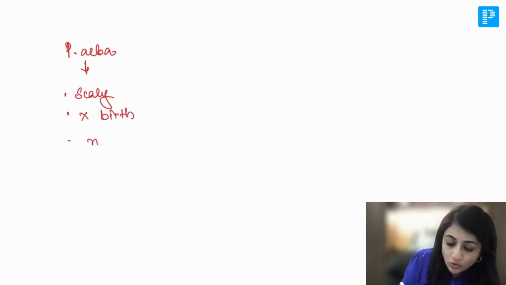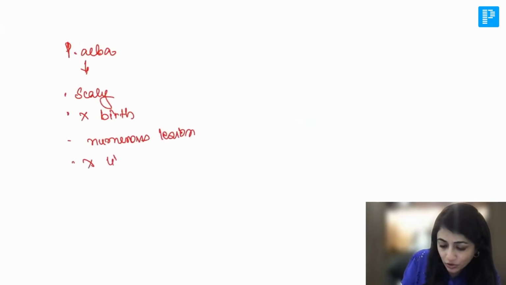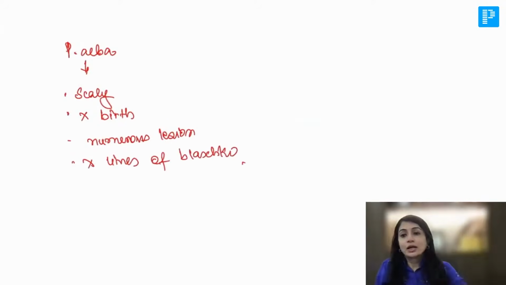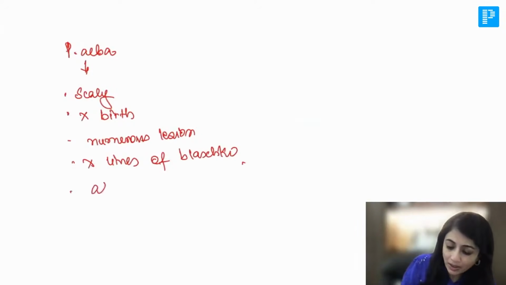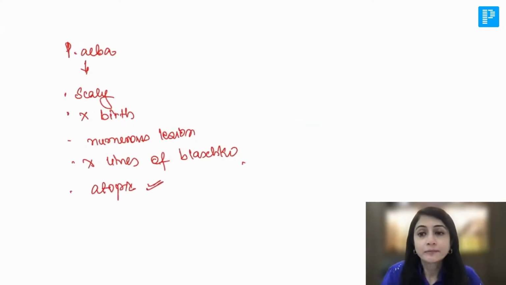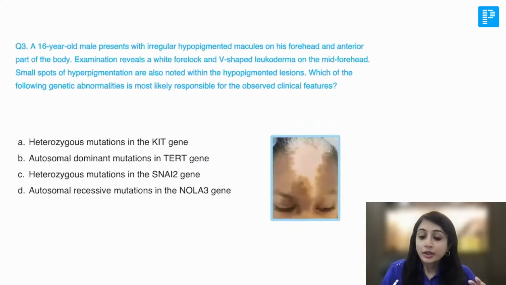You see numerous lesions on the face. It does not follow the lines of Blaschko. So none of these features match pityriasis alba, and so we will not confuse it with that. Also, pityriasis alba is seen more commonly in atopics. Good. Coming to the next question.